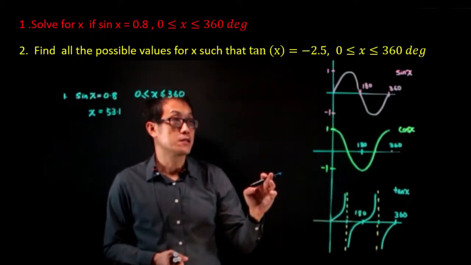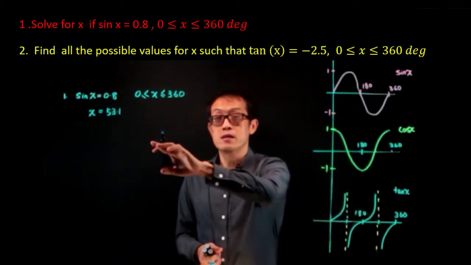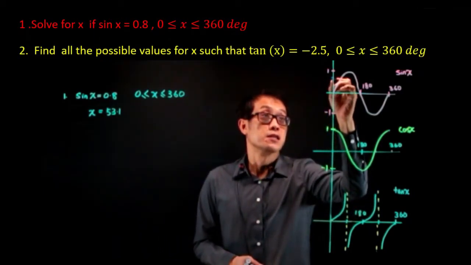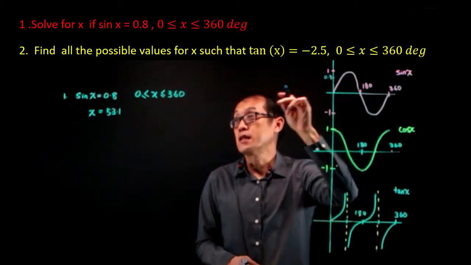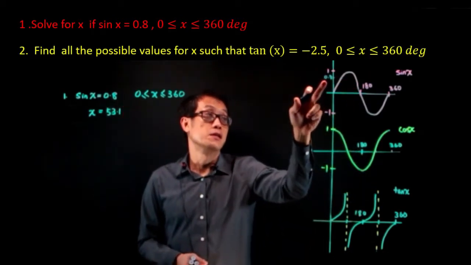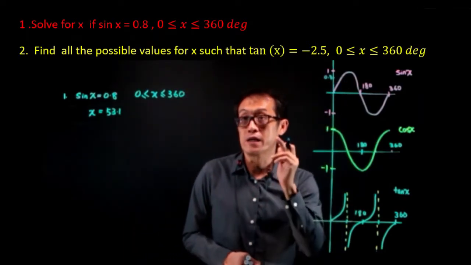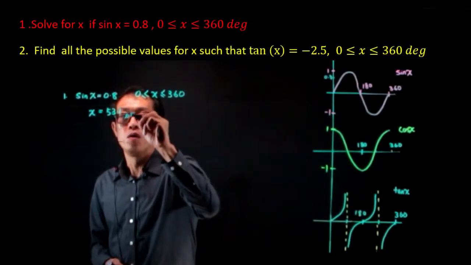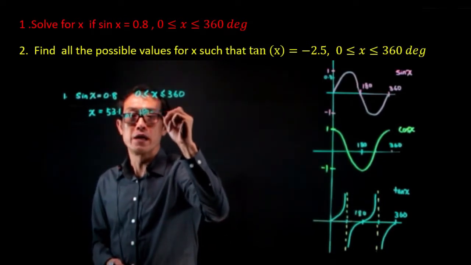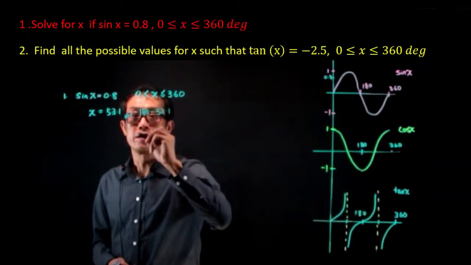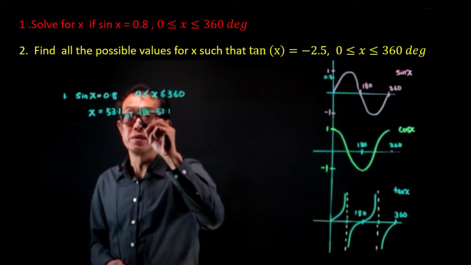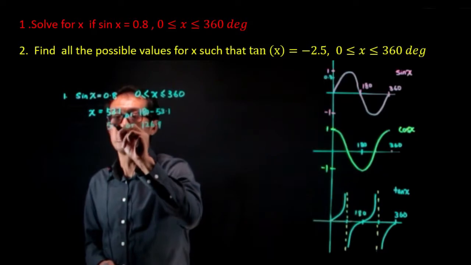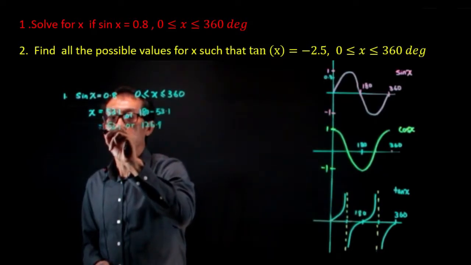No. Let's say 0.8 is here, so there are two answers. The other answer will be 180 minus 53.1, so your final answer is 126.9. That means it's 53.1 or 126.9.